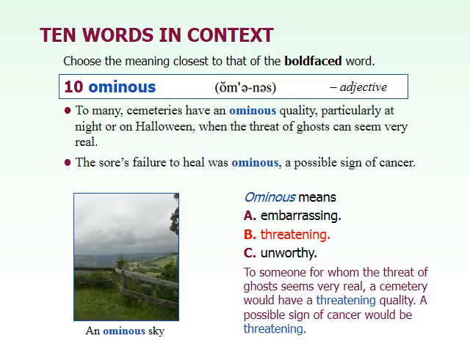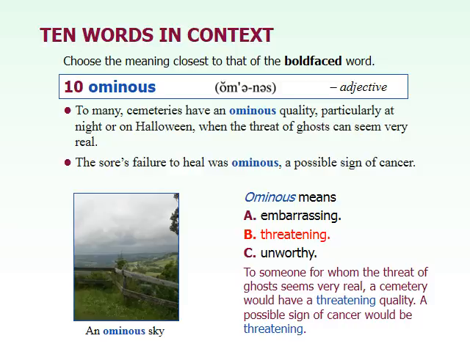So if we say that cemeteries are ominous, it means that the idea is that if you go to them, or especially at night, something bad is likely to happen in a cemetery because of ghosts or whatever. In the second example, it's saying the sore's failure to heal. So what this means is that you have an injury, but it's not getting better.